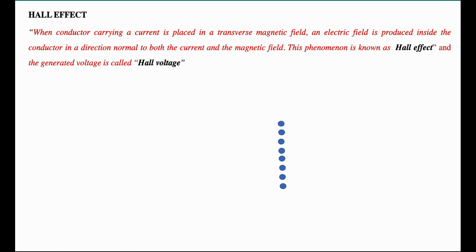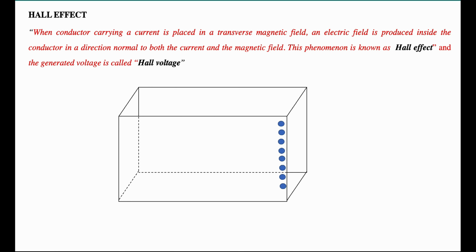So the same definition, let us try to understand with the help of a diagram. Here we need a conductor. For that, let us consider we are going to take an N-type semiconductor. Why? Because the number of electrons is more, the majority charge carriers are electrons and the minority charge carriers are holes.